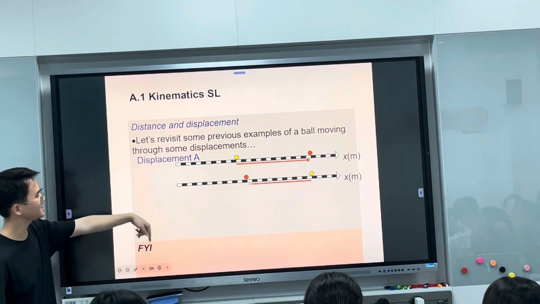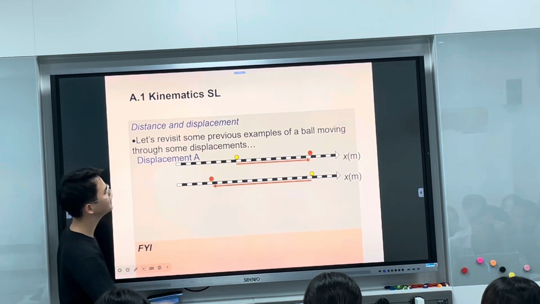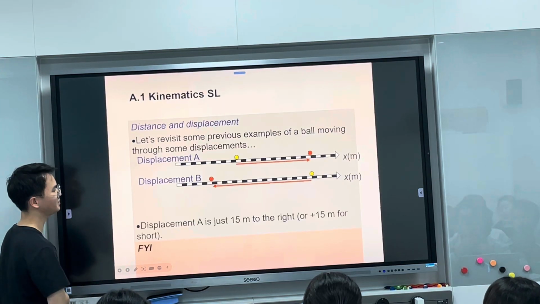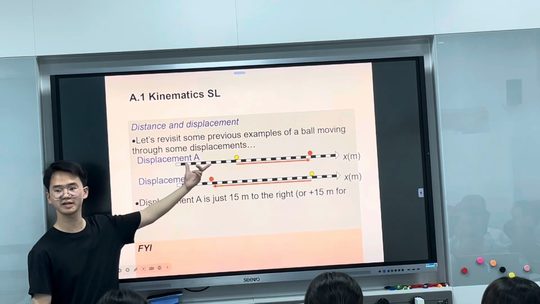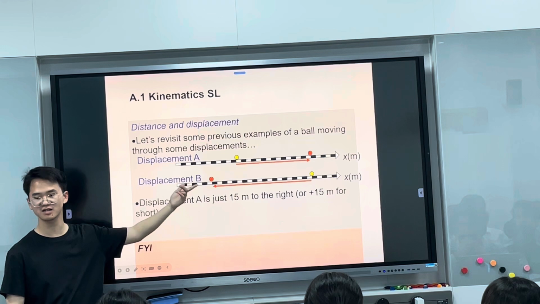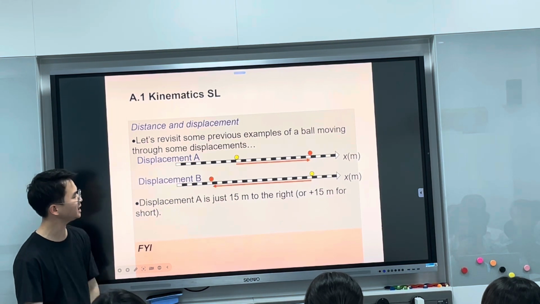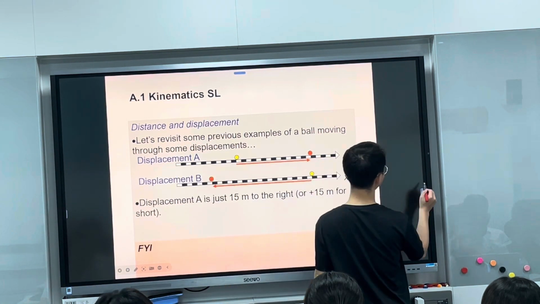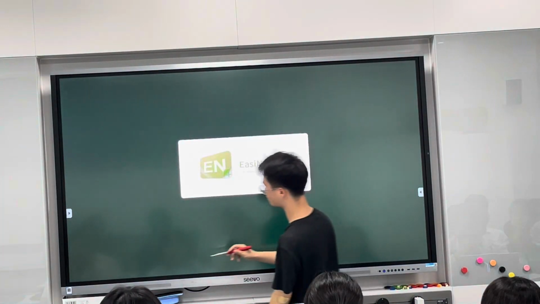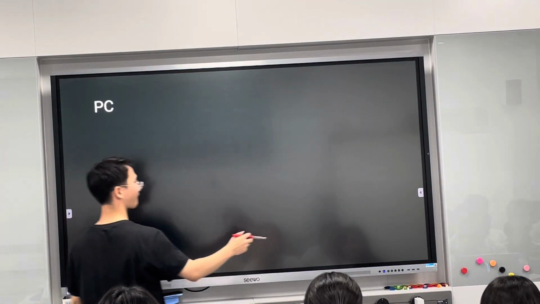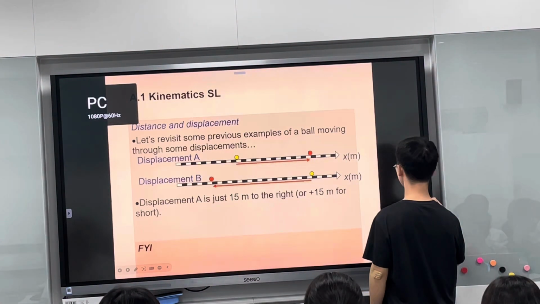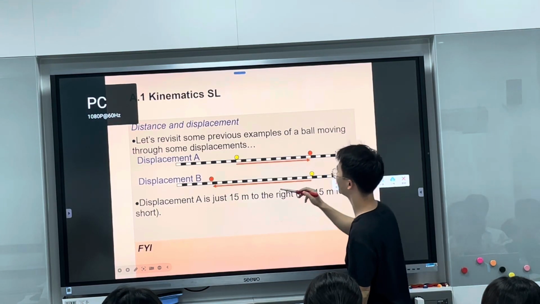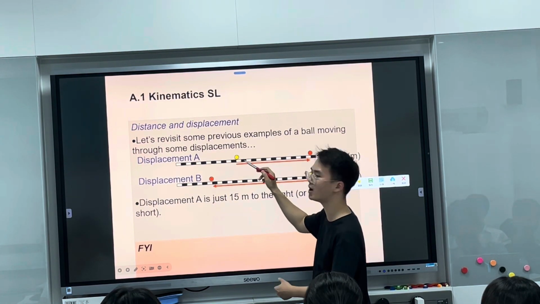So this is displacement A, and this is displacement B. Then the total displacement should be the vector sum of A plus B. Let's just assume that one block is 1 meter.